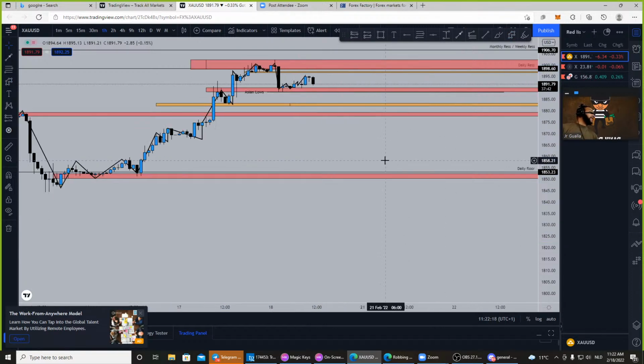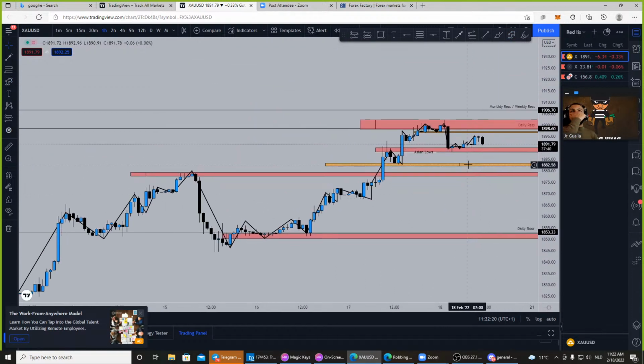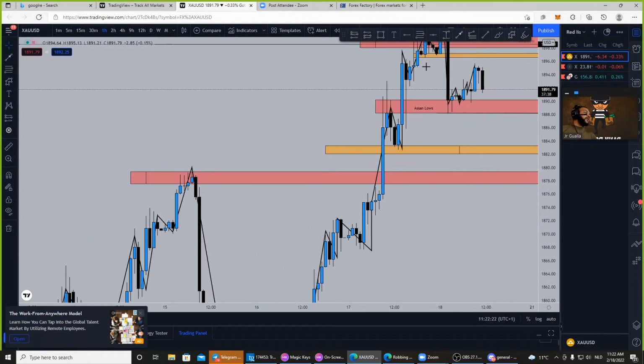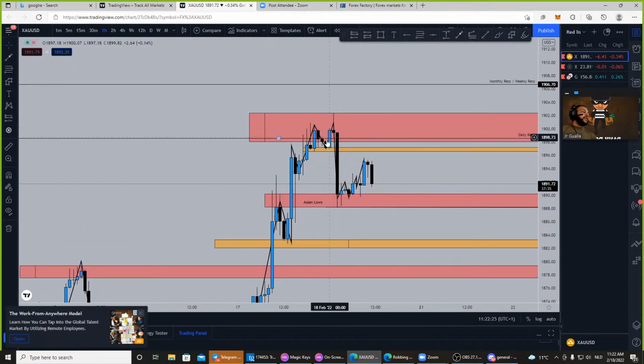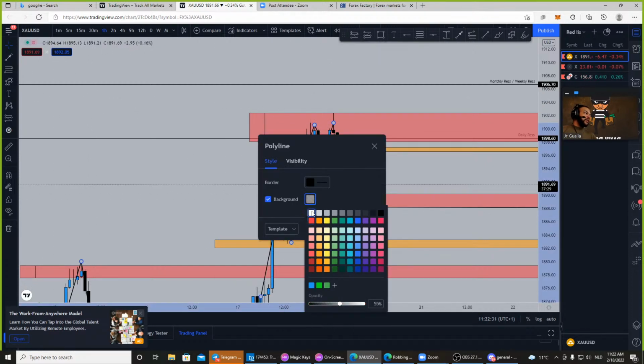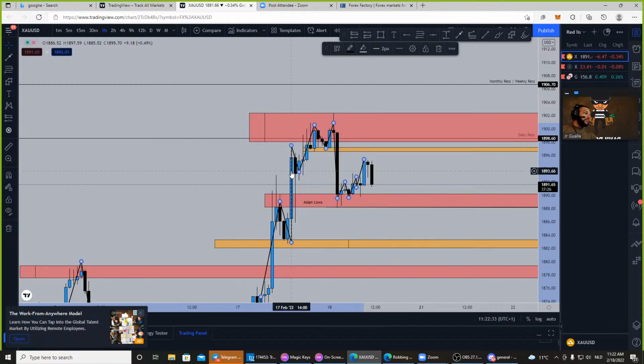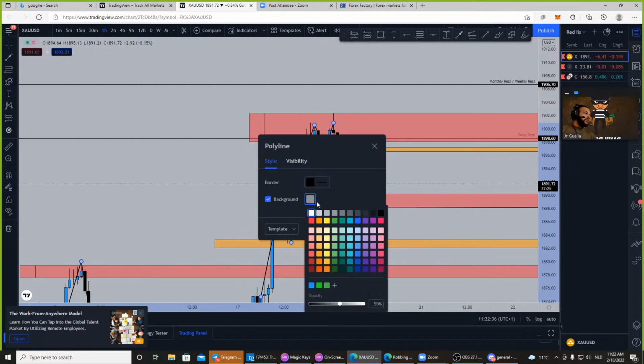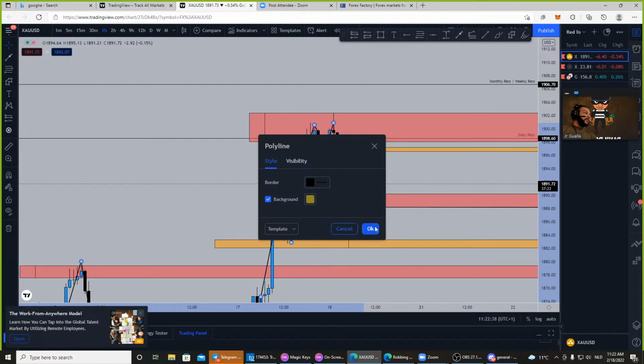All right. So on the 1 hour, price broke here. All right, so this is our high low. Let me change this color. Black's kind of confusing. Let's make it white. Okay, it doesn't want to change colors.